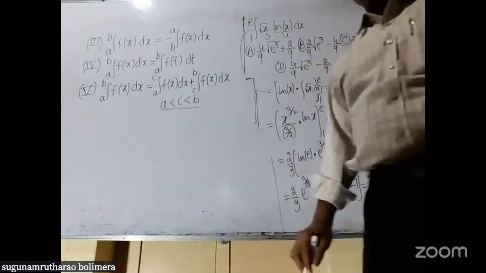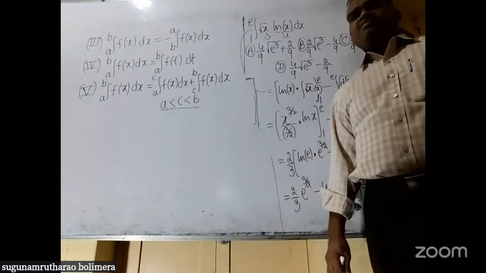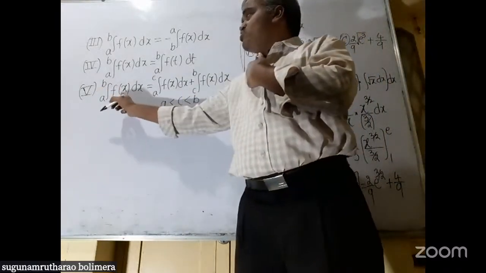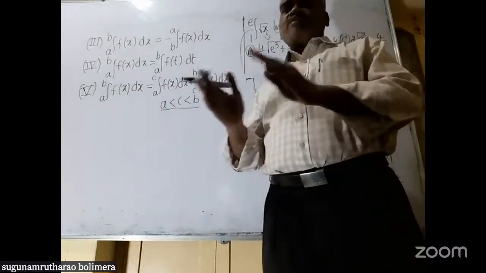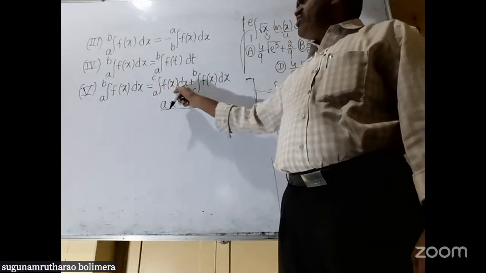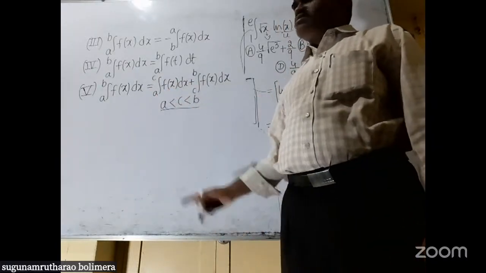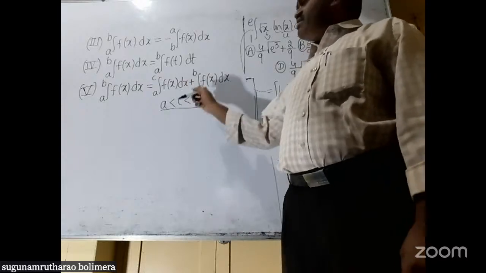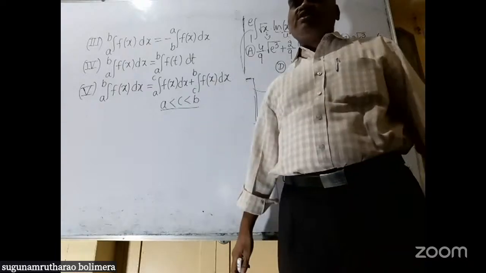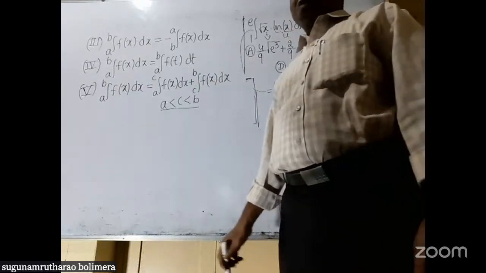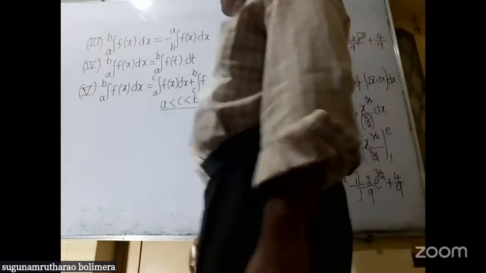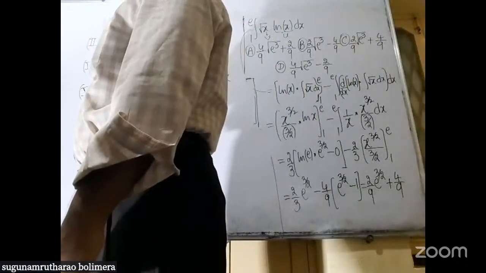If c is a value lying in between a and b, the integral from a to b of f of x dx can be split into two integrals, provided that point c lies in between a and b. Next.